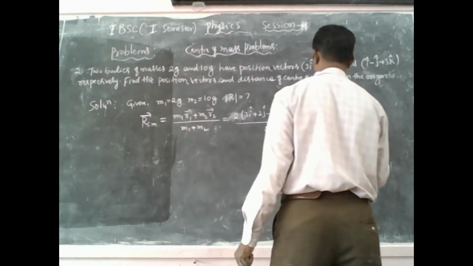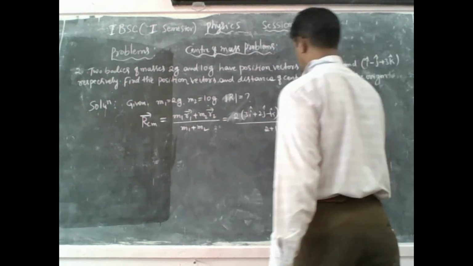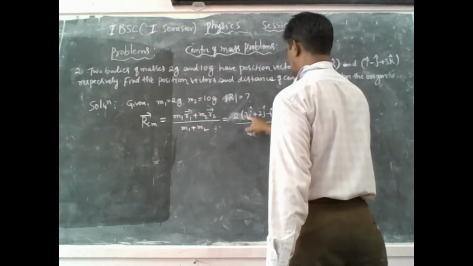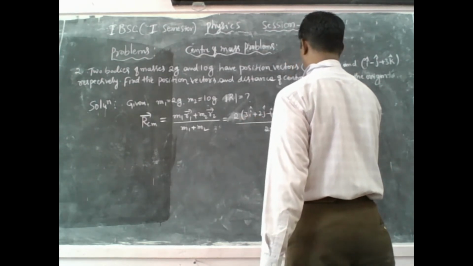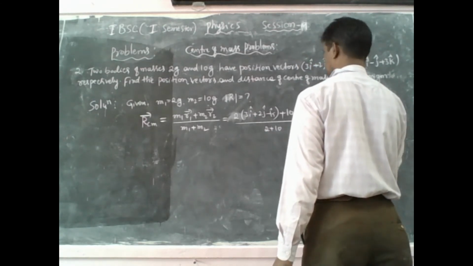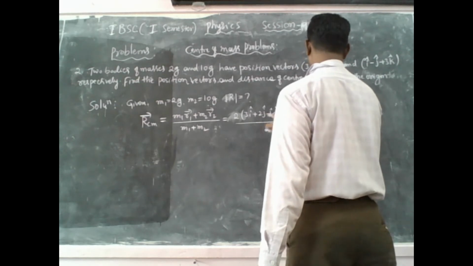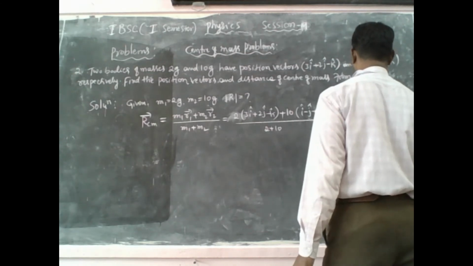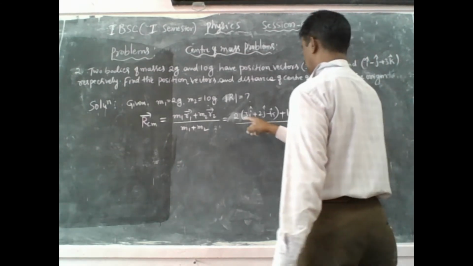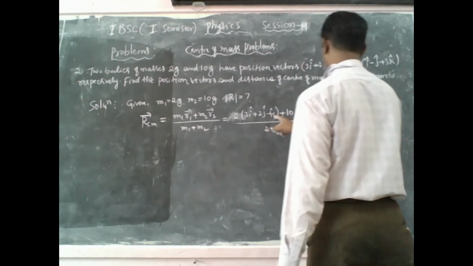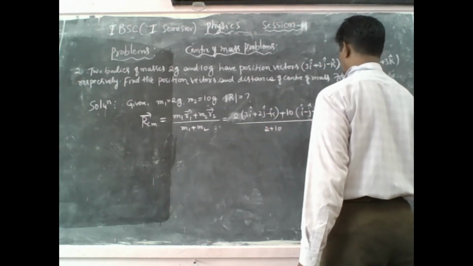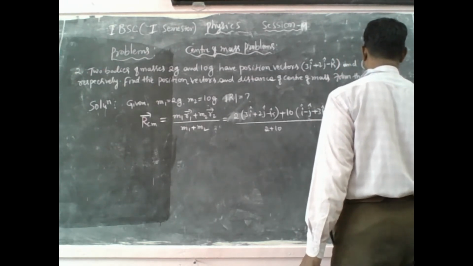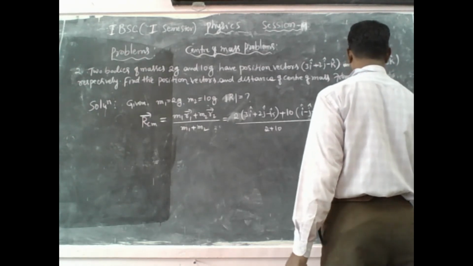So therefore, we can add these vectors. 10 plus 2 is equal to 12. So 2 into 3 equals 6, 6 plus 10 equals 16i. Next, 4j here, minus 10j here, minus 6j. Then 2k here, minus 2k, here plus 30k. Therefore, plus 28k, isn't it? Divided by 12.